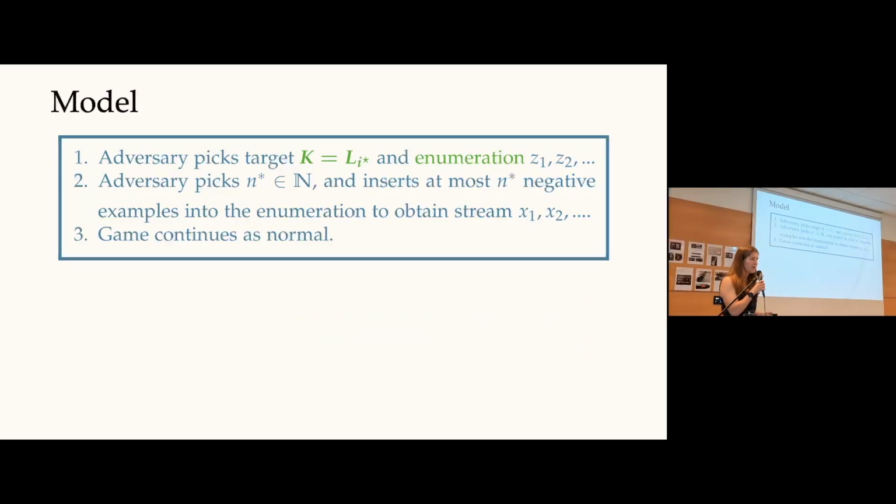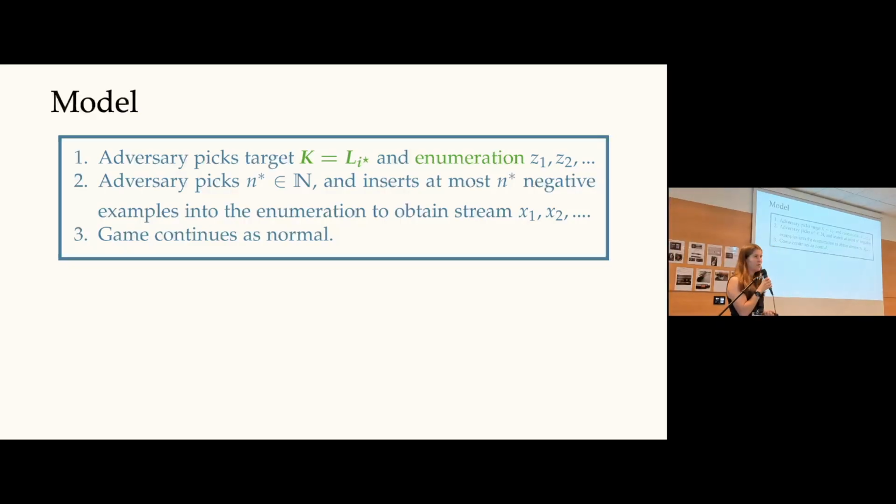More concretely, we'll start in the same way that the standard model starts. The adversary picks some target language and an enumeration of that target language. But then the adversary picks some number, n star, and is allowed to insert at most n star negative examples into the stream. I should note that it's inserting, critically, not substituting. So the stream still contains the entire enumeration of the true language.